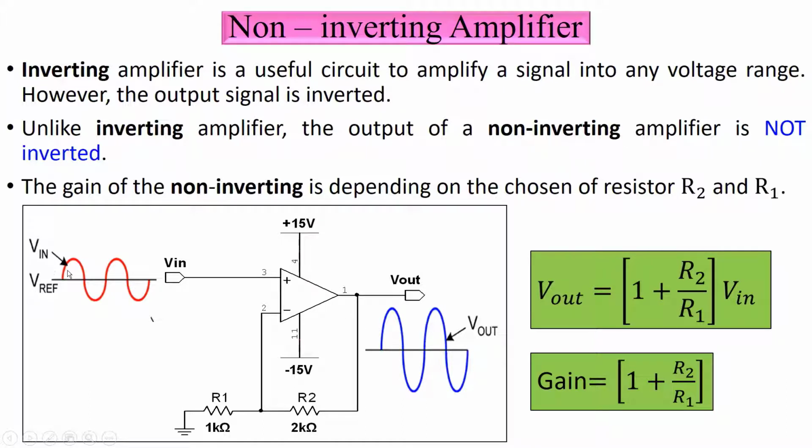When you have the positive supply here, you will get the positive supply here. The formula is V out equals 1 plus R2 divided by R1 times V in, so the gain is 1 plus R2 over R1.